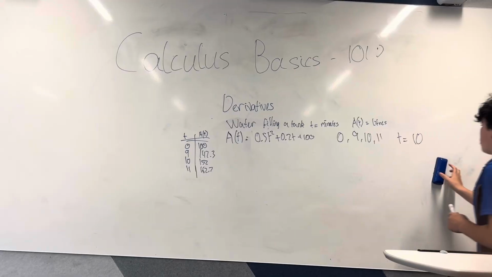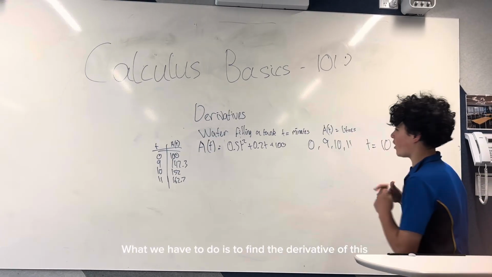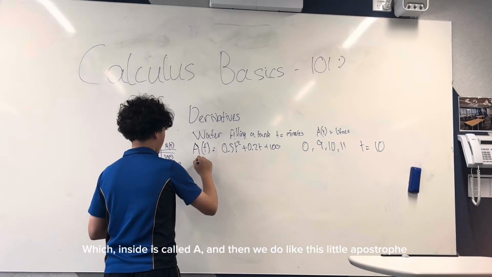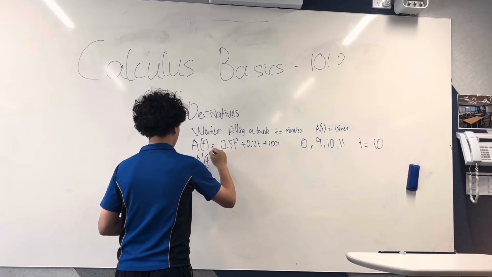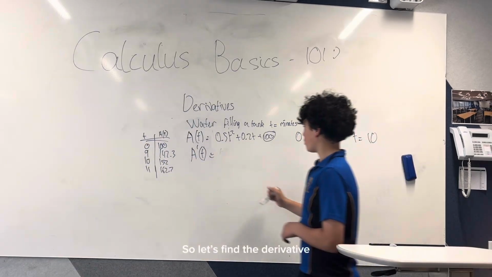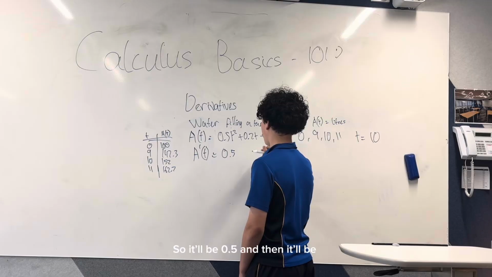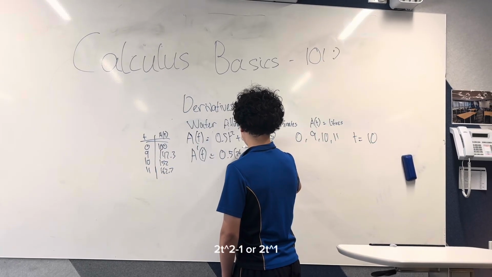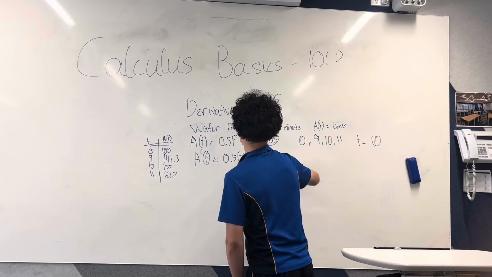Okay. What we have to do is to find the derivative of this, which in notation is called A, and then you do a little apostrophe. So let's find the derivative. It'll be 0.5, and there'll be 2t to the power of 2 minus 1, or to the power of 1.